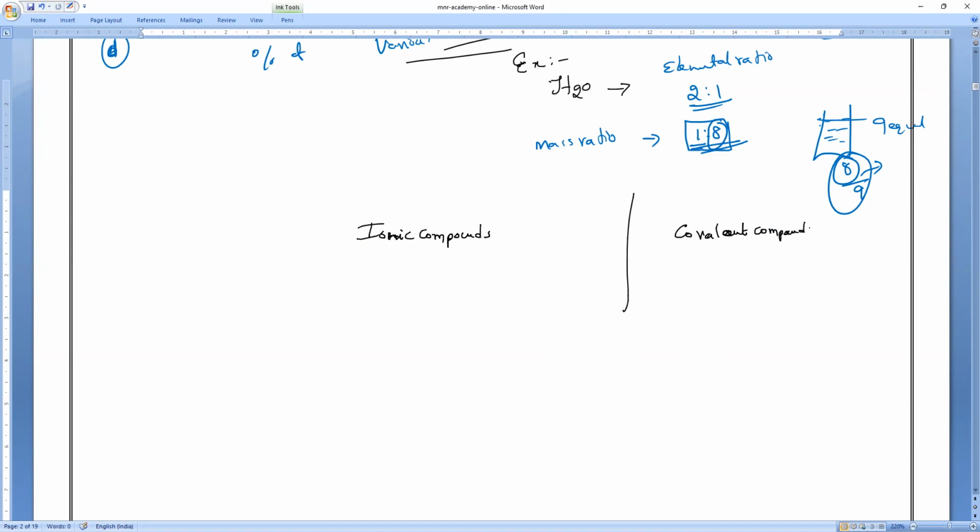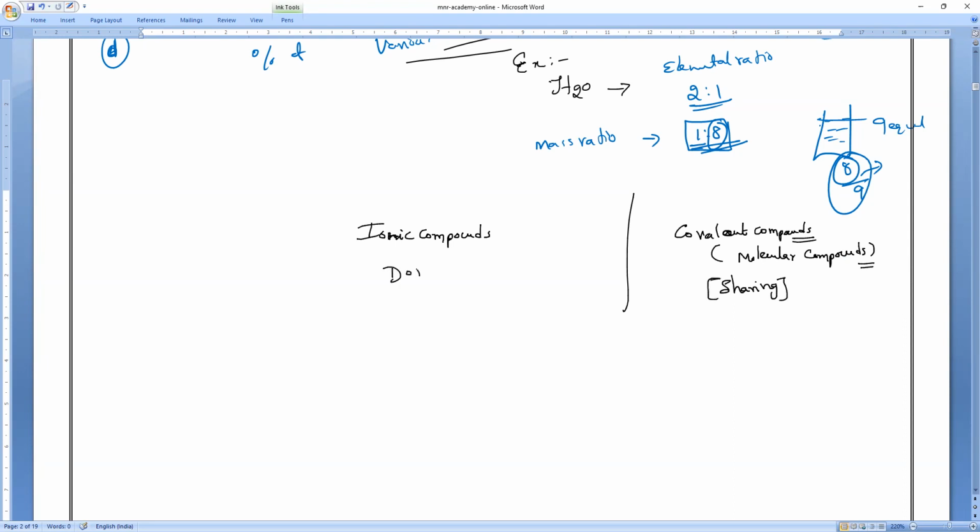Many people don't know the other name of covalent compounds: we can also call them molecular compounds. Why molecular compounds? Because these are molecules of compounds, and these are formed only by the sharing of electrons.